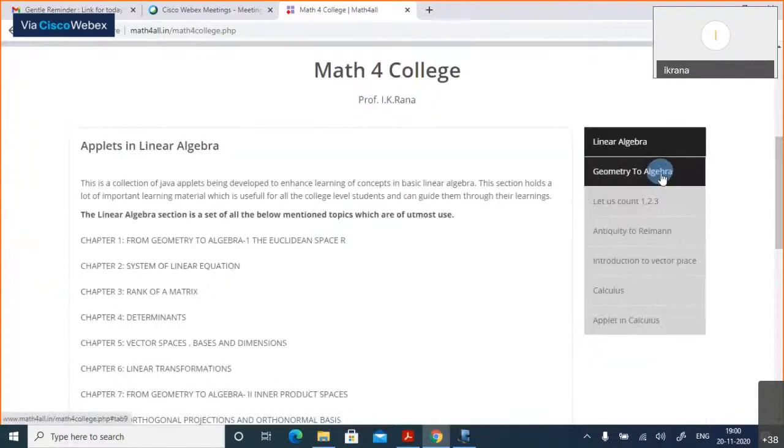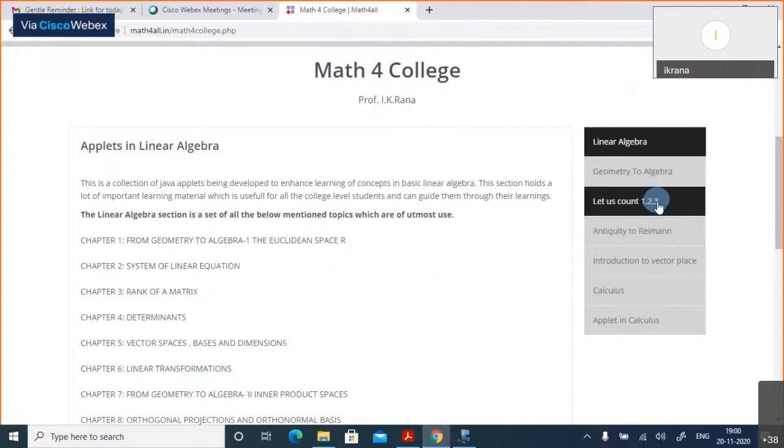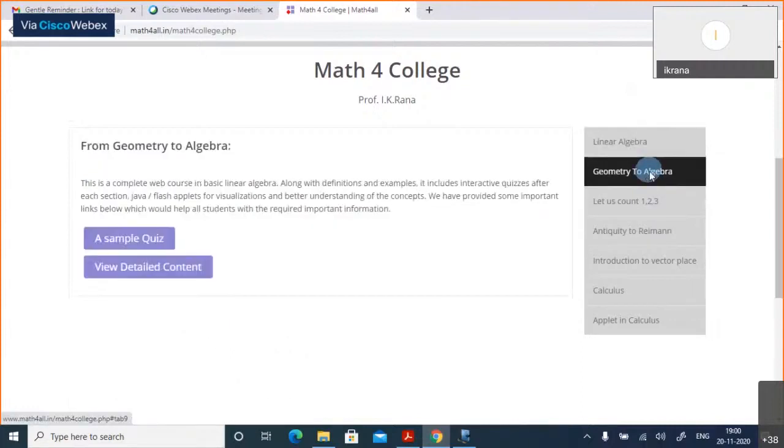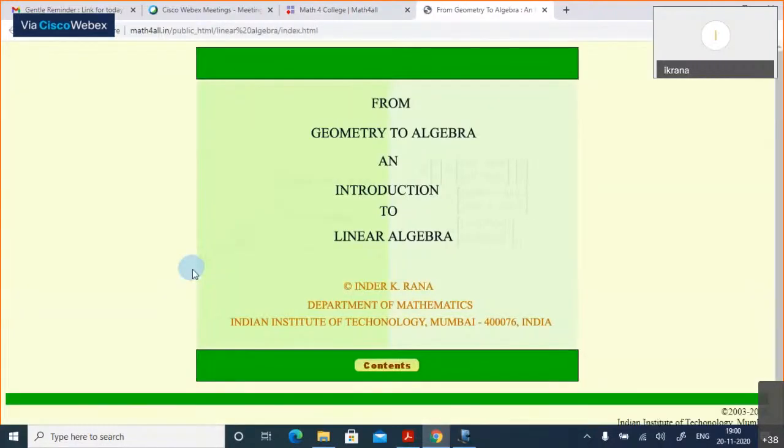All that I am going to describe is more or less in that book, From Geometry to Algebra, detailed content. This is a soft version of the book that I just mentioned.